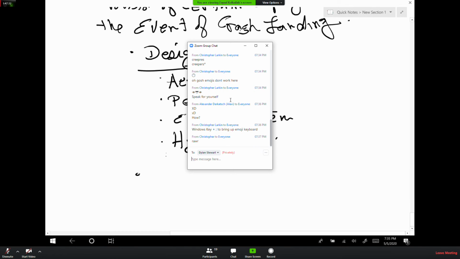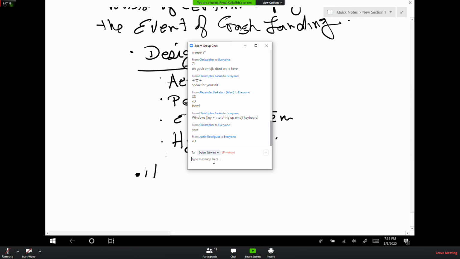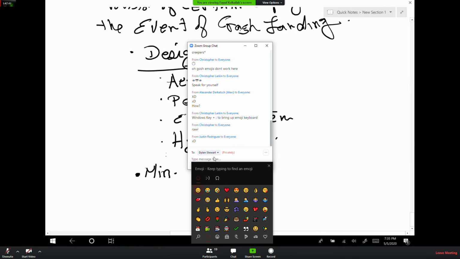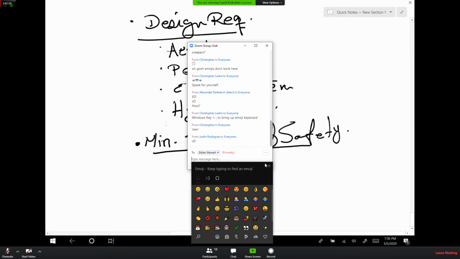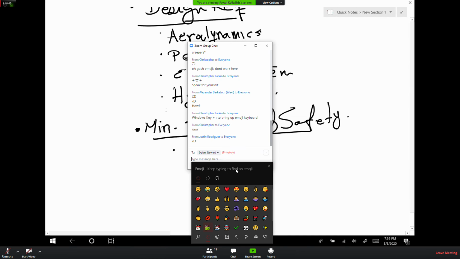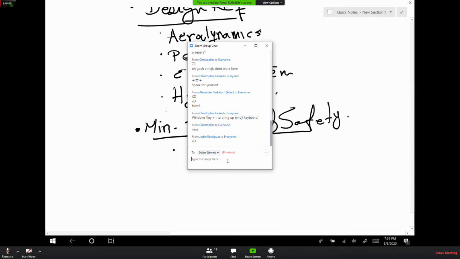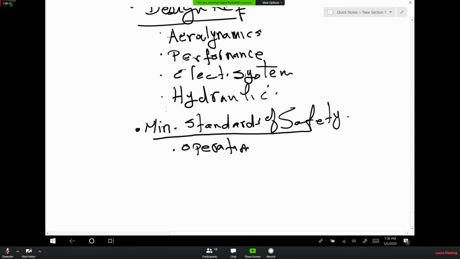But then also another subtitle is really the minimum standard of safety, which takes us to what we've been talking about, the factor of safety. So in here, for standard of safety, maybe what is the operational requirement?